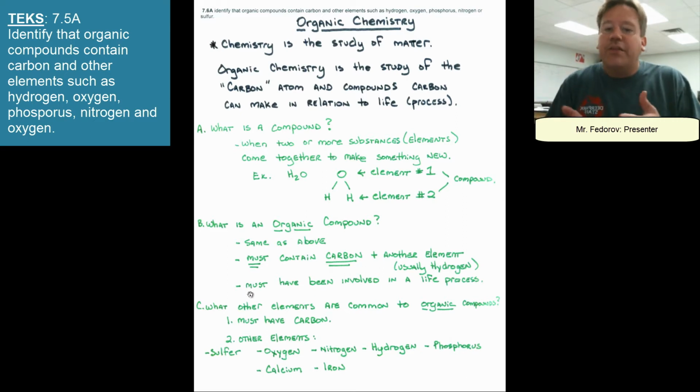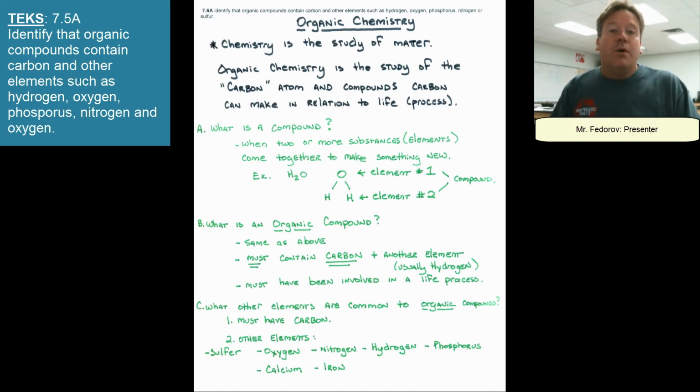And the current thinking is that it has to be involved in a life process. Now, for 7th grade science, that is not the definition I really want you to know, but for being absolutely correct, usually when we're talking about organic chemistry, we're talking about the carbon atom and other elements such as hydrogen, phosphorus, nitrogen, or sulfur attached to it, any combination of those, and it's involved with something to do with life.